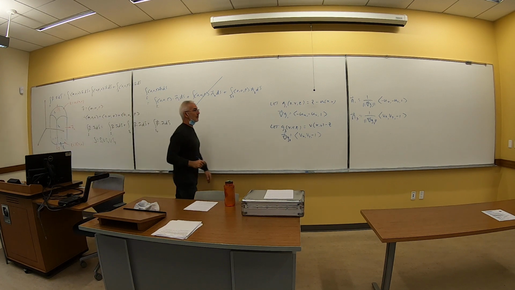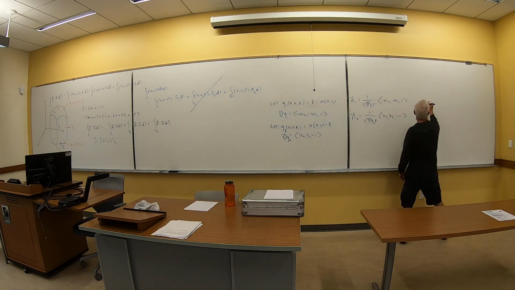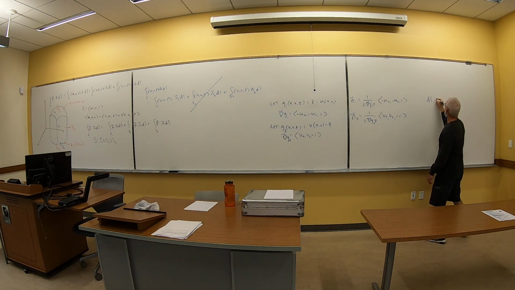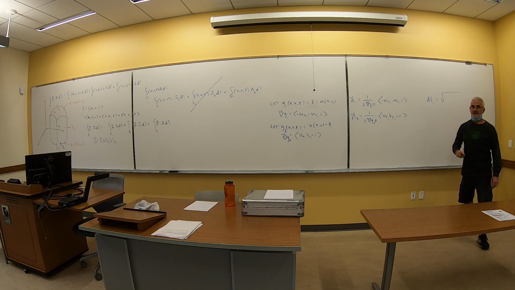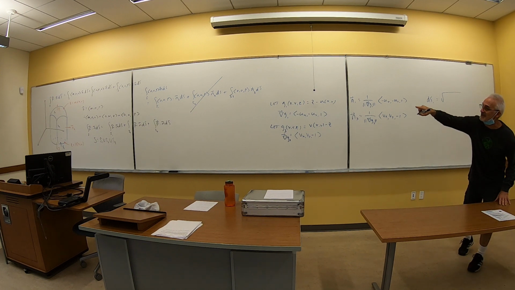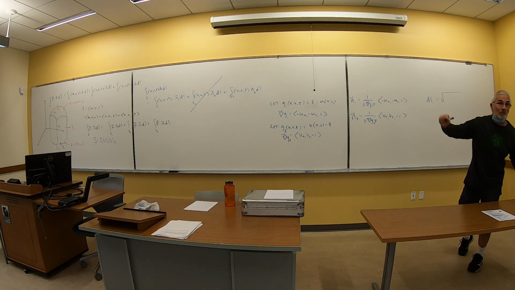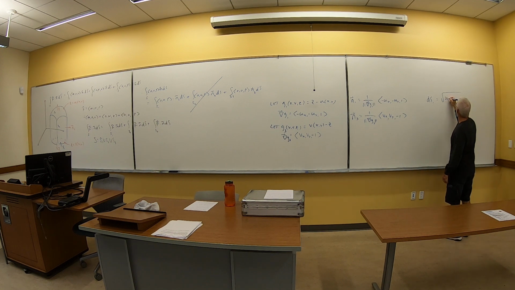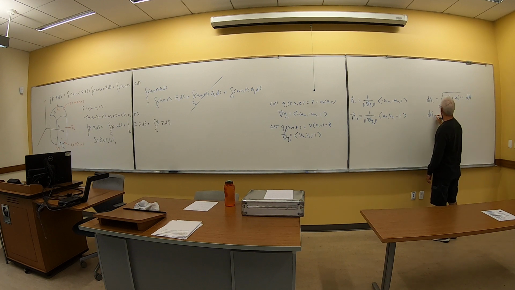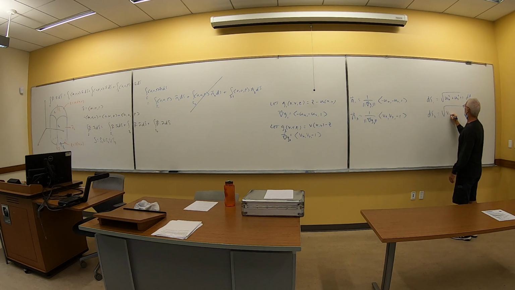Aha. So let me put it over here. What is ds1? In this case, it's not f, it's u. So ux squared plus uy squared plus 1 dA. And what's ds3? Well, that would be vx squared plus vy squared plus 1 dA.